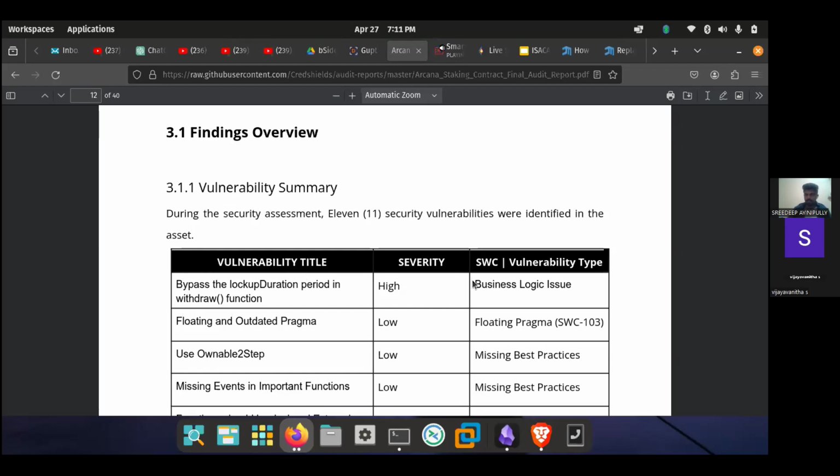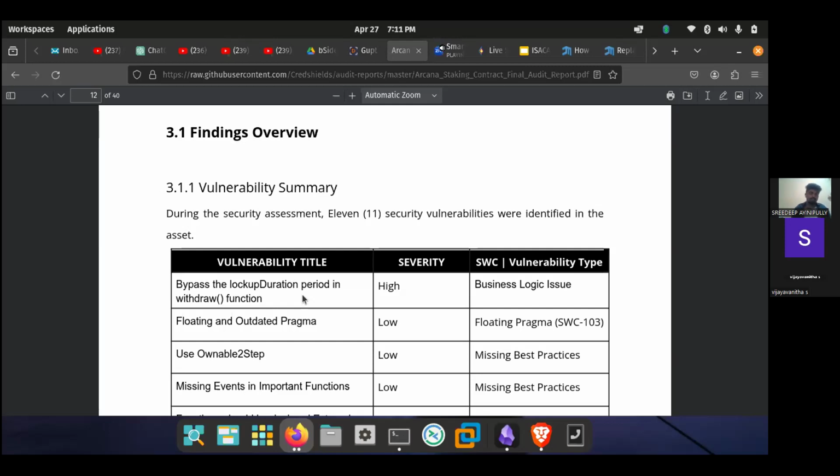Bypassing the long duration period in the withdraw function means you can bypass this condition, where you have to wait 5 years to withdraw your money. Using this particular vulnerability, you can actually bypass that 5-year requirement. So that's how smart contracts can be exploited.